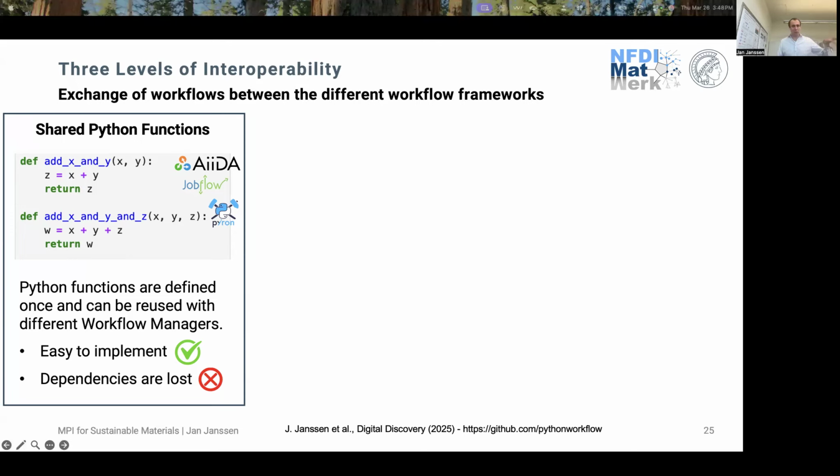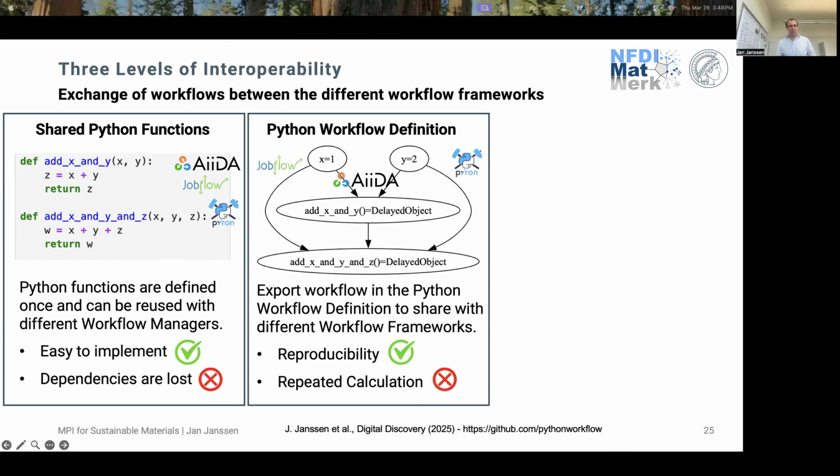We identified that the first step is that all these workflow frameworks nowadays use Python functions as their primary building blocks and then combine them. So we first agreed to separate these Python functions, separate our parsers, from the underlying workflow framework.